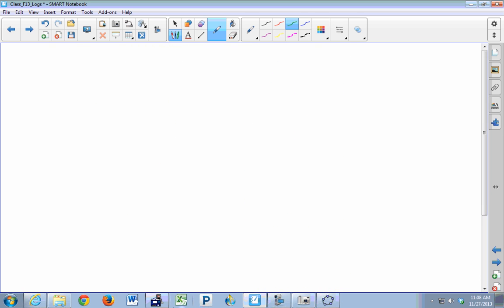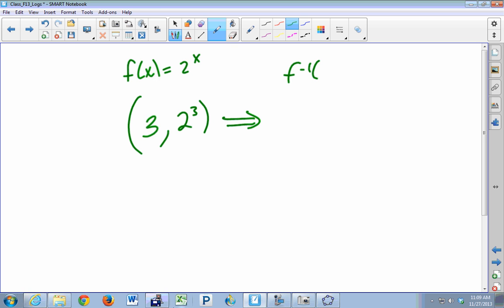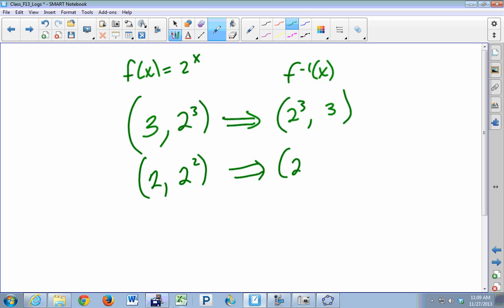Let's see. F of x is 2 to the x. You put in 3, what do you get out? 8, but let's not call it 8. Let's call it 2 to the third. When I go to my inverse function, I put in 2 to the third, 8. I come back to 3. I put in 2, I get 4. I put 4 into my inverse function. I come back to 2. I put 0 into my exponential function.